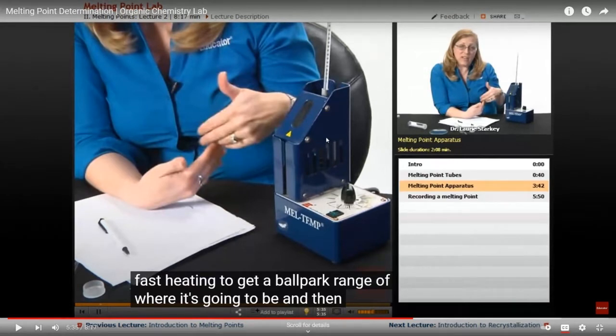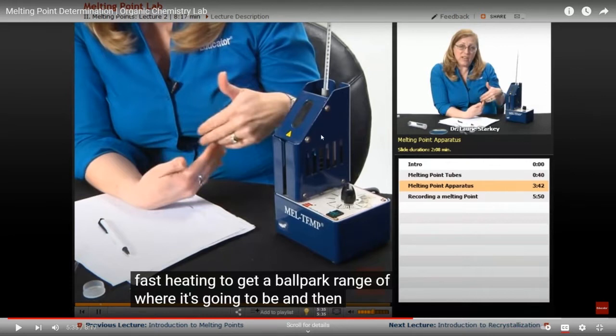Given heat is the same kilocalorie, but the thermometer is a different thickness compared to your capillary. So heat conduction, you can imagine, from the metal heating block to the sample tube versus to the thermometer are different.